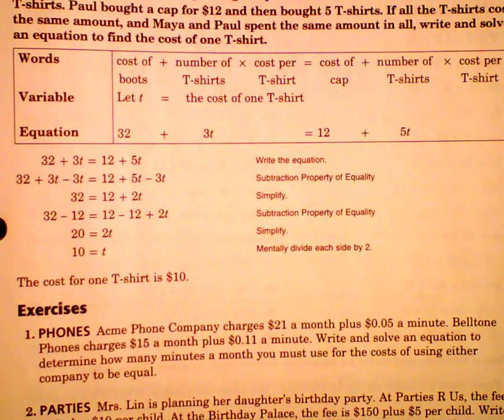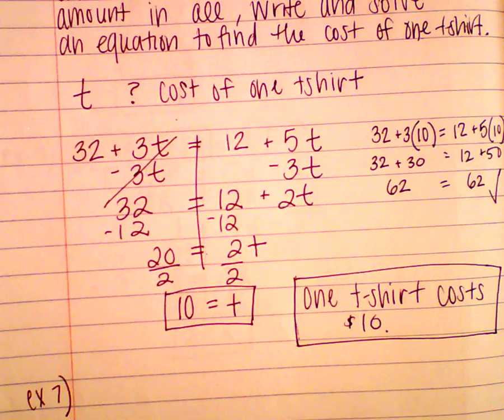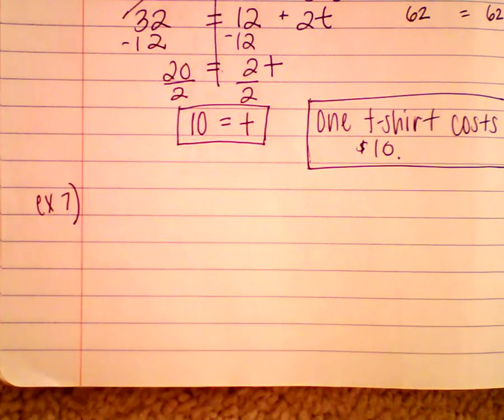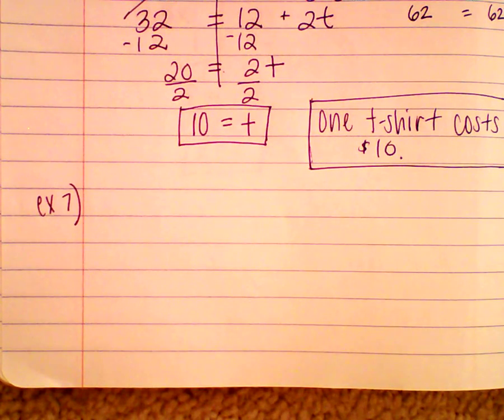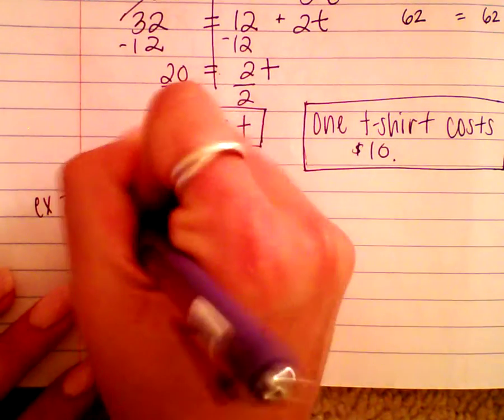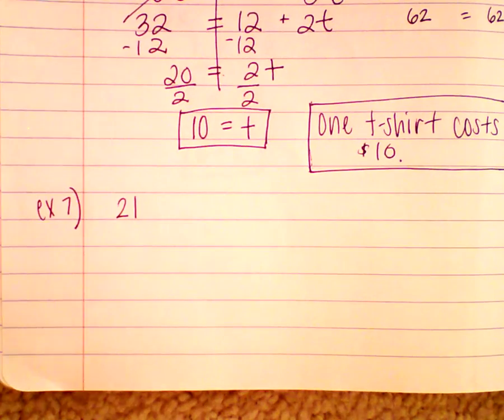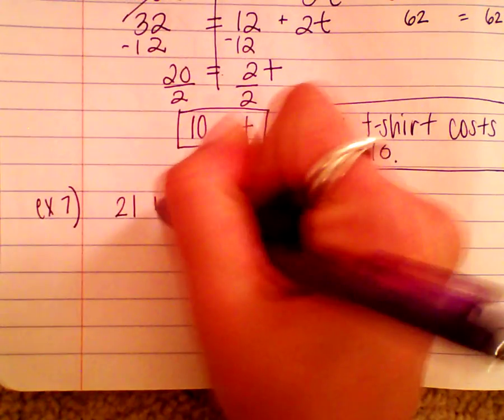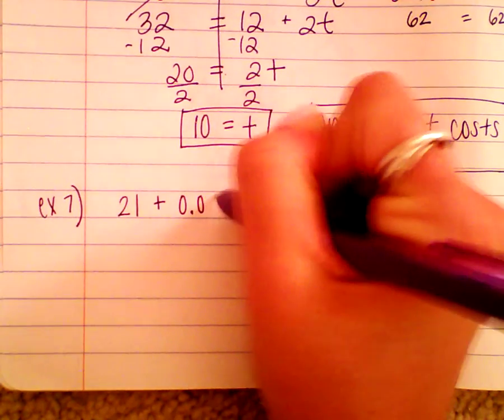Okay, so welcome back. Hopefully you have written and solved your equation. So I'm looking to find out after how many minutes these two companies are going to cost the same amount. So here we go. Well, the first company charges me $21 up front and then 5 cents for each minute.